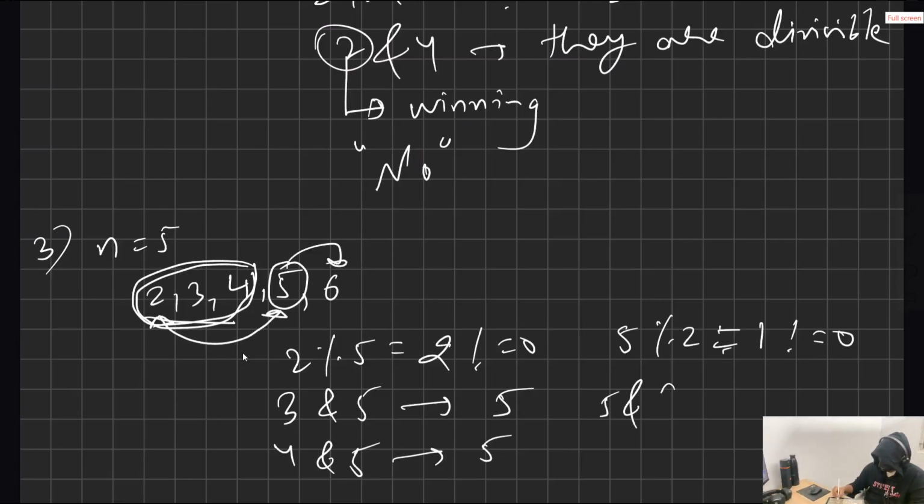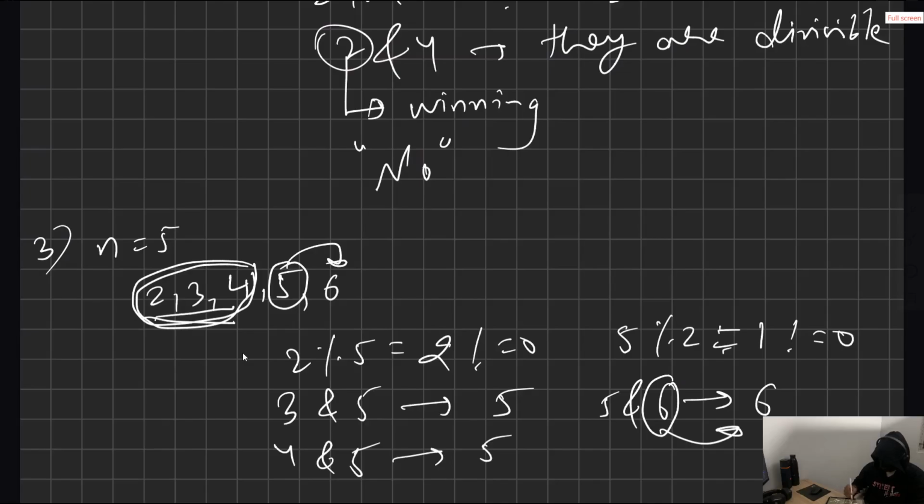When you check 5 and 6, again they are not divisible, but here 6 will be winning according to the condition: if they are not divisible by each other, the higher card is going to win. So card 5 was winning against the previous cards, but it is not winning against 6.